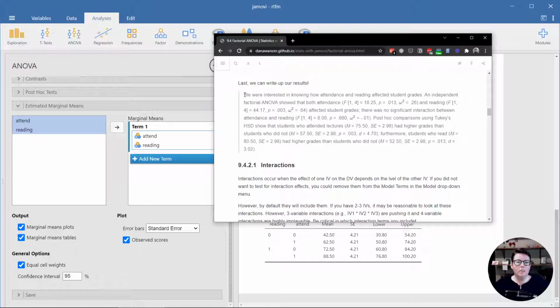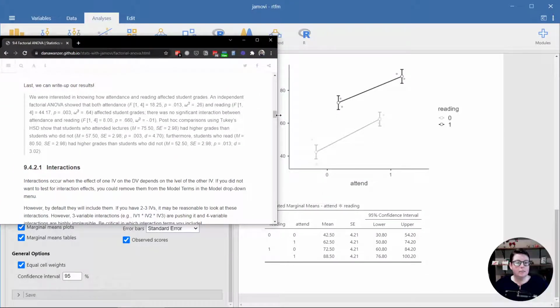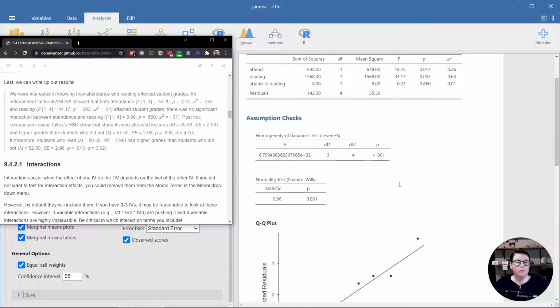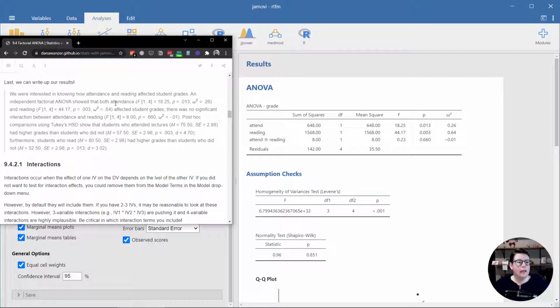So hypothesis, knowing how attendance and reading affected students' grades. That's our basic research question. An independent factorial ANOVA showed that both attendance, let's do this side by side actually, and we do the F for that particular one, so F(1, 4) equals 18.25, p equals 0.013, omega squared equals 0.26.